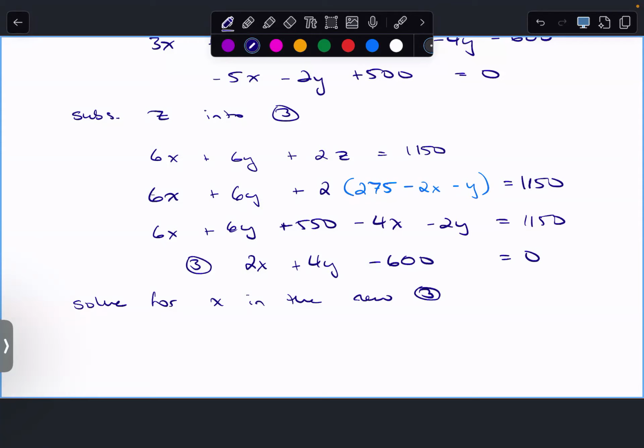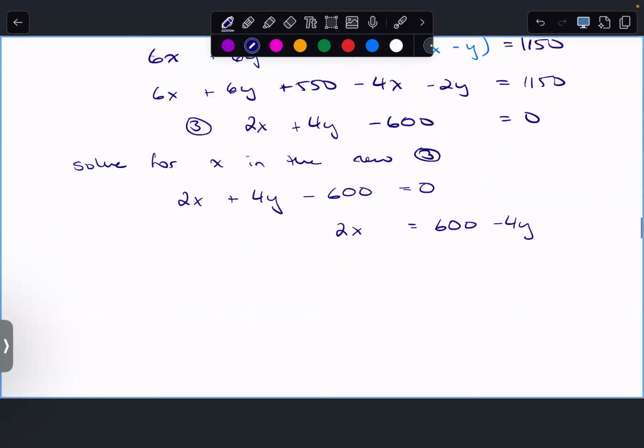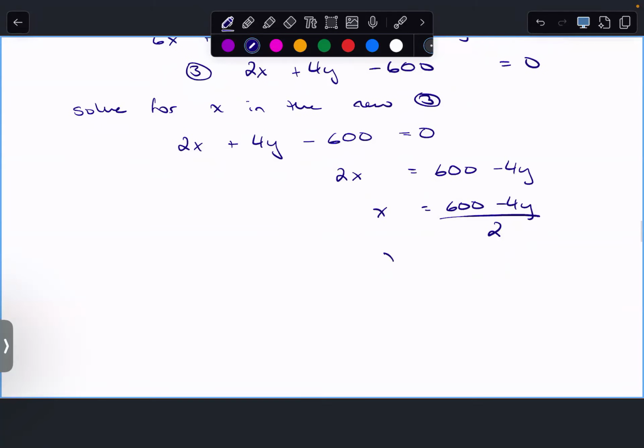So I get 2x plus 4y minus 600 is 0. Solving for x, I get 2x is 600 minus 4y. So x must be 600 minus 4y divided by 2. I have to divide both things in the fraction by 2. So 600 divided by 2 is 300, minus 4 divided by 2 is 2y.